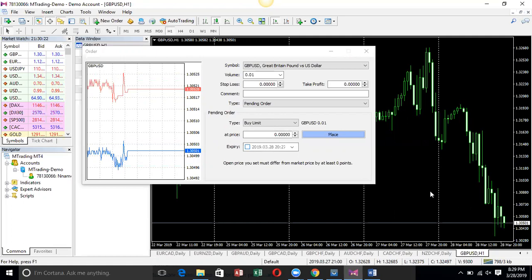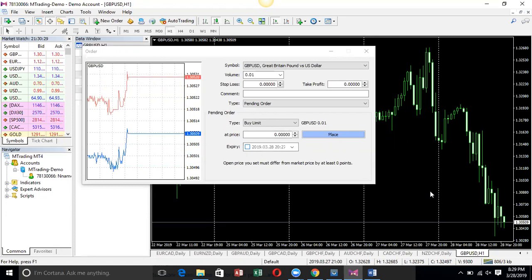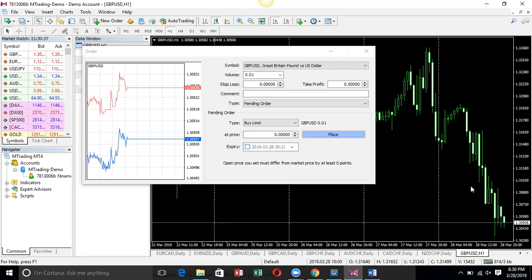So it can also be called the entry price when treating pending orders. So how do we get our at price? Because what we are dealing with now is a pending order, something that is waiting. We don't want to do it immediately. It's not instant or market execution.